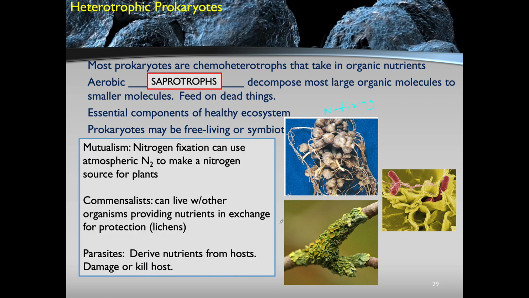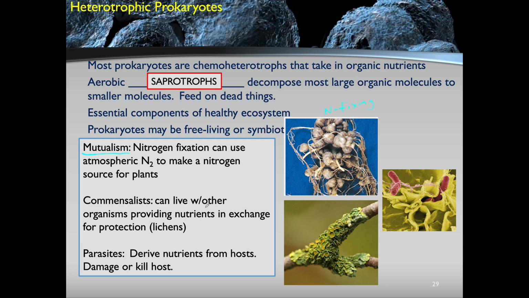These interrelationships come in three different types. One is called mutualism, which is when all parties interacting together all benefit from that interaction. With the root nodules, the nitrogen fixing bacteria give the plants a nitrogen source, the bacterium gets a protective home, and the plants get a good way to get nitrogen.